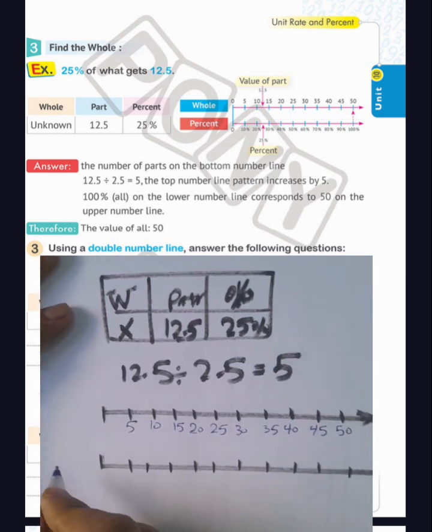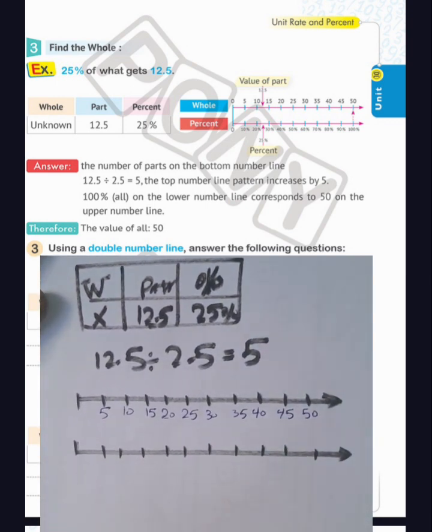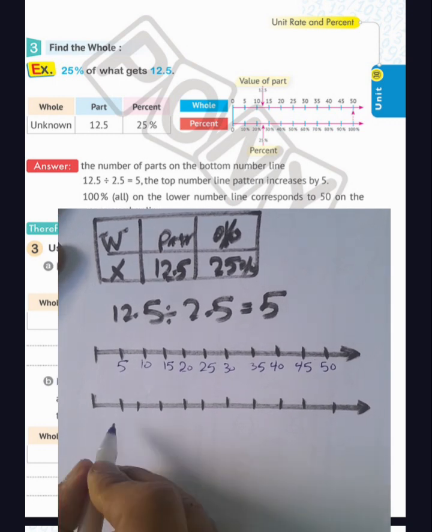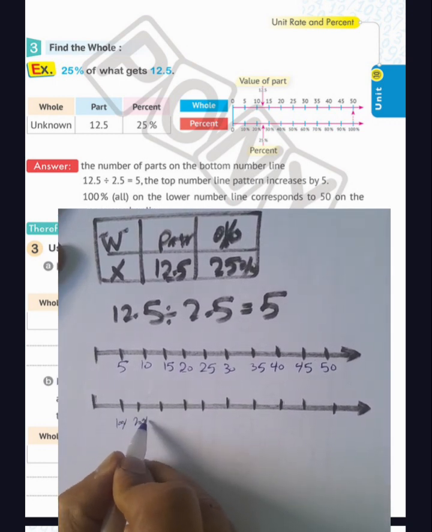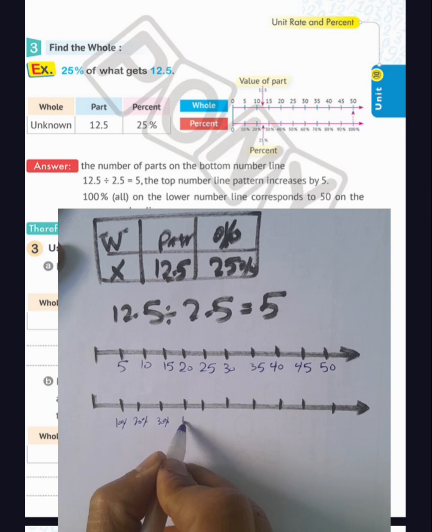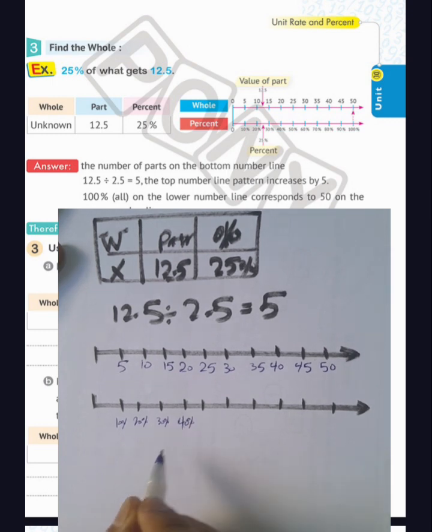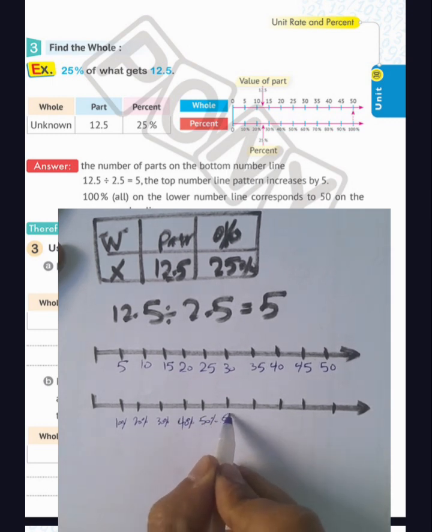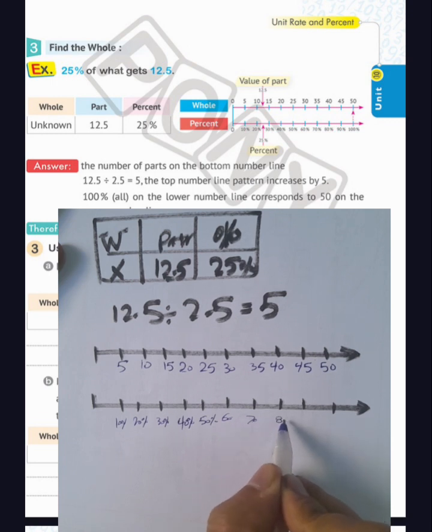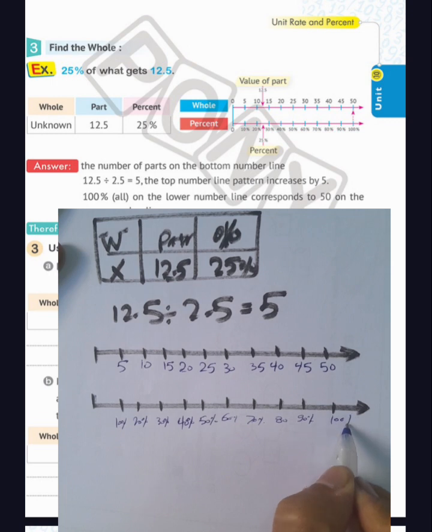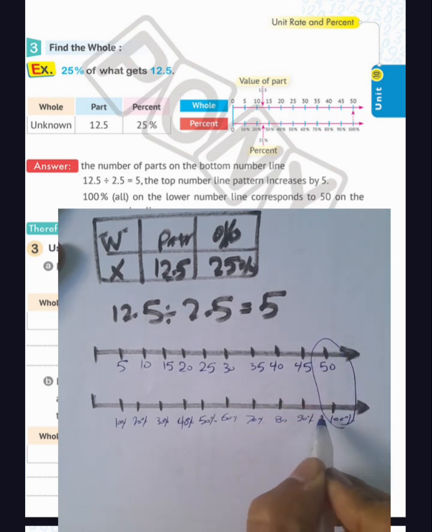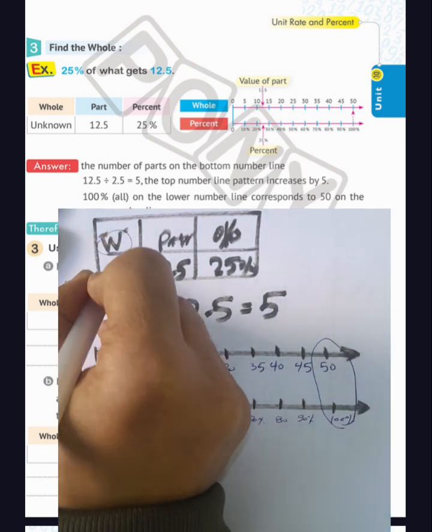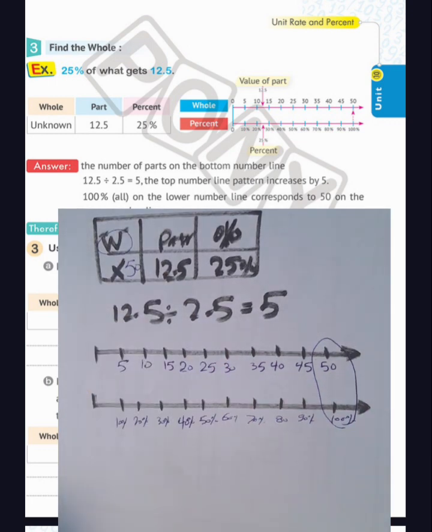Okay, and here we will begin from 10%, 20%, 30%, 40%, 50%, 60, 70, 80, 90, to go to 100%, which corresponds to 50. Then the whole number will be what? 50. Okay, understood?